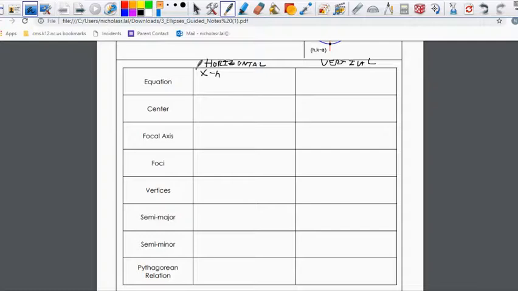x minus h squared over a squared plus y minus k squared over b squared is equal to 1. Here we will have x minus h squared over b squared plus y minus k squared over a squared is equal to 1.